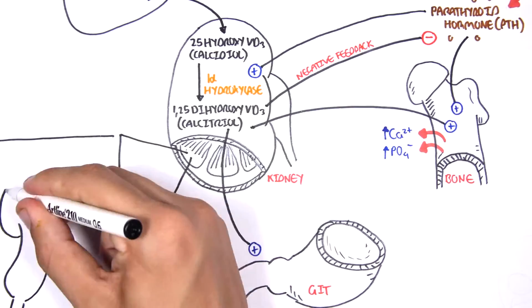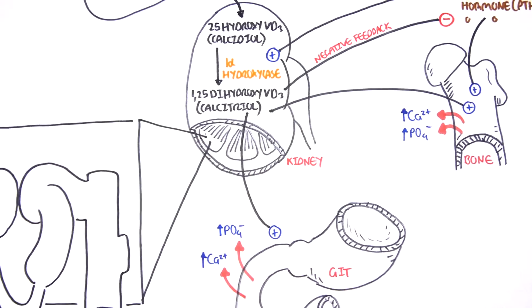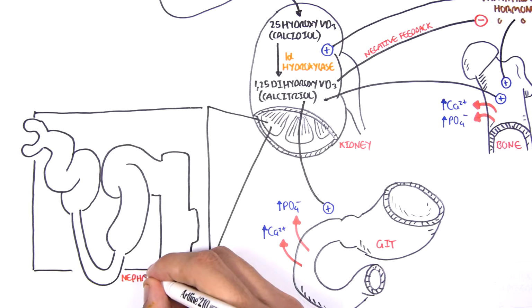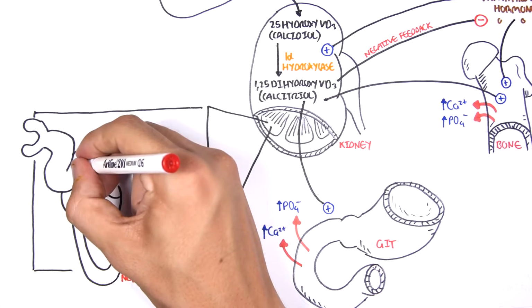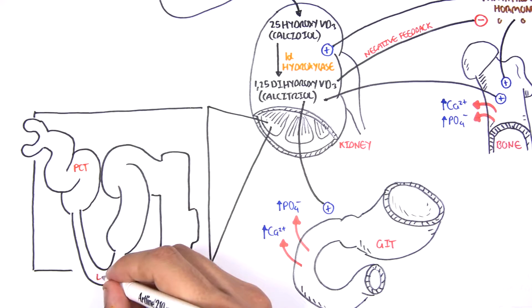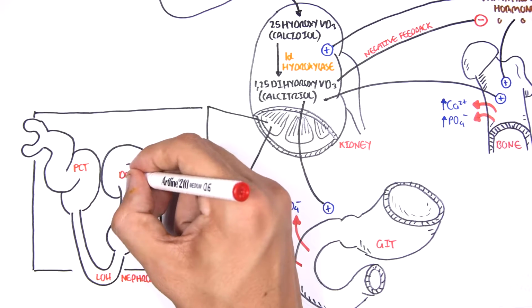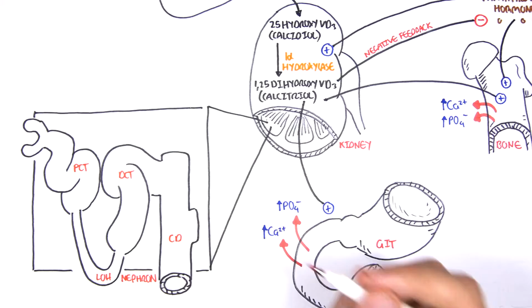So if we zoom into the functional units of the kidneys, these are the nephrons. Here I am drawing one nephron. The nephron is made up of the head, the proximal convoluted tubules, PCT, loop of Henle, LOH, distal convoluted tubule, DCT, and collecting ducts, CD.